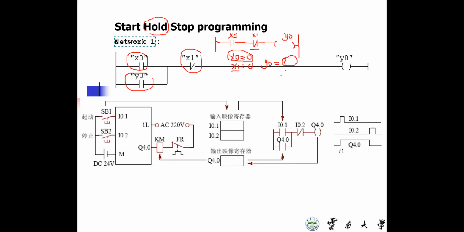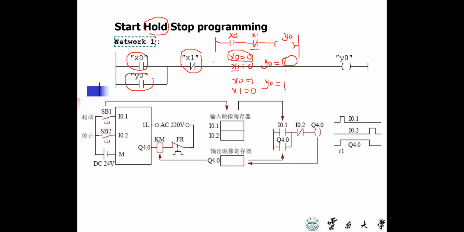But when X0 equals 1 and X1 equals 0, Y0 equals to what? Equal to 1. Because this node is conduction and this node is conduction. So Y0 equals 1. Do you know?